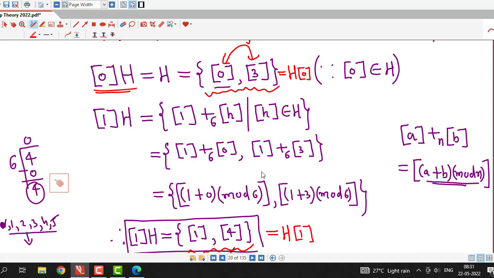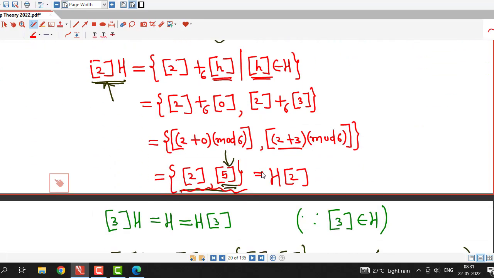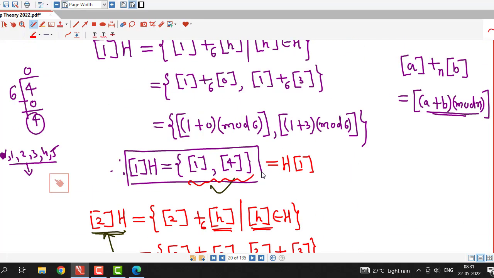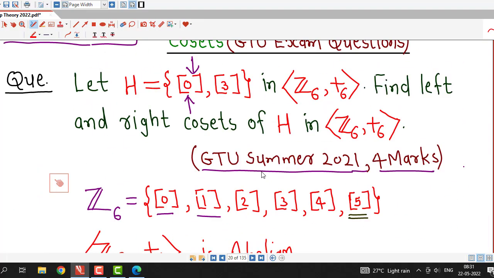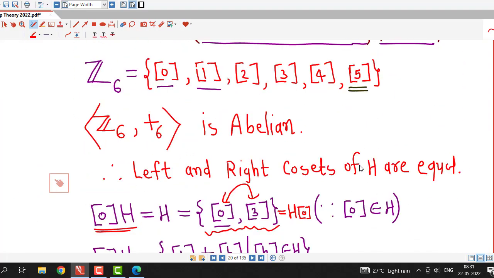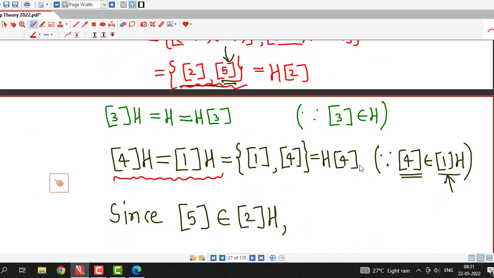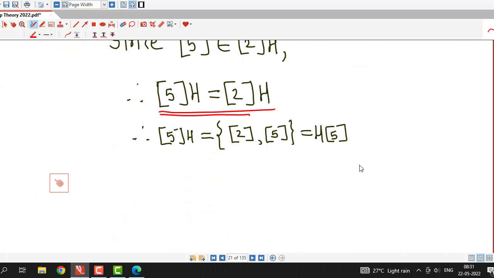So there are 3 distinct left cosets, and here we are asked to find the left and right cosets of H. So this finishes our answer. We just have to write down left and right cosets starting from 0 up to 5.